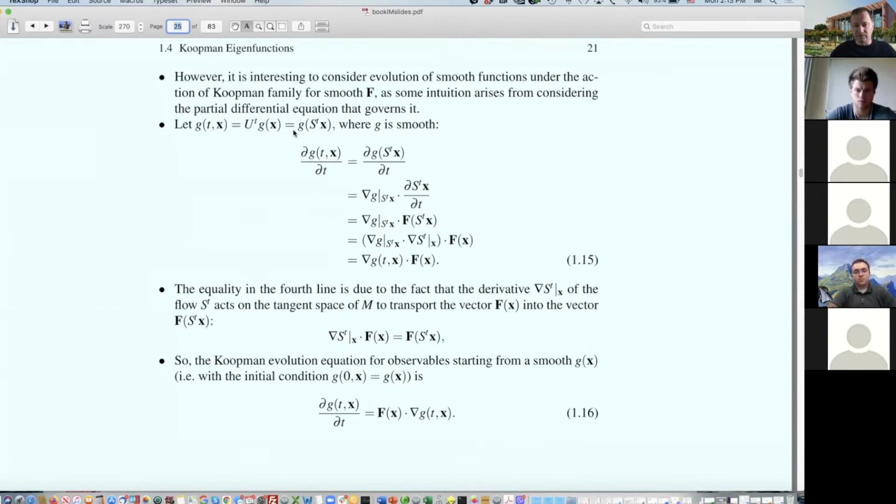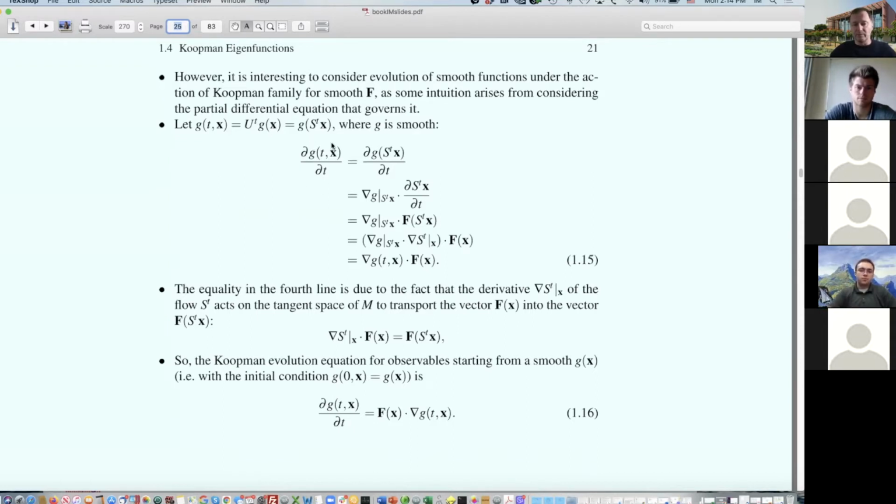And that function was really the composition of g with S^t x, or in other words, it's what happens when you act with a Koopman operator for a continuous system at time t on a function g that is defined as a function on state space, meaning a function of these x variables. So that's what we denoted by g of t and x, in contrast with g of x, which is just, quote unquote, a static function, an observable in state space.